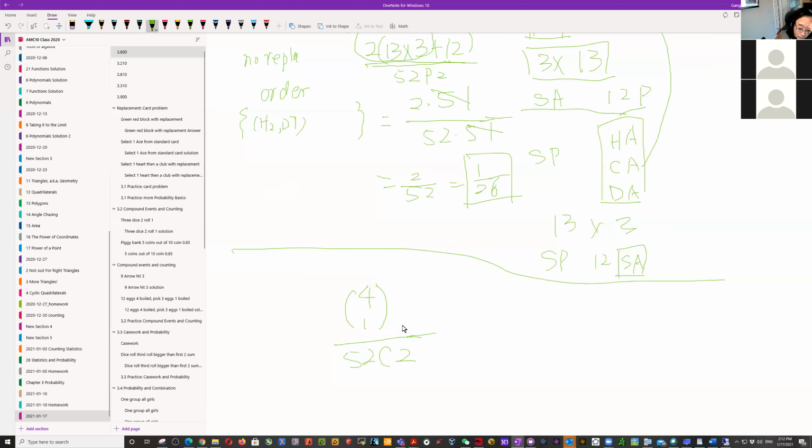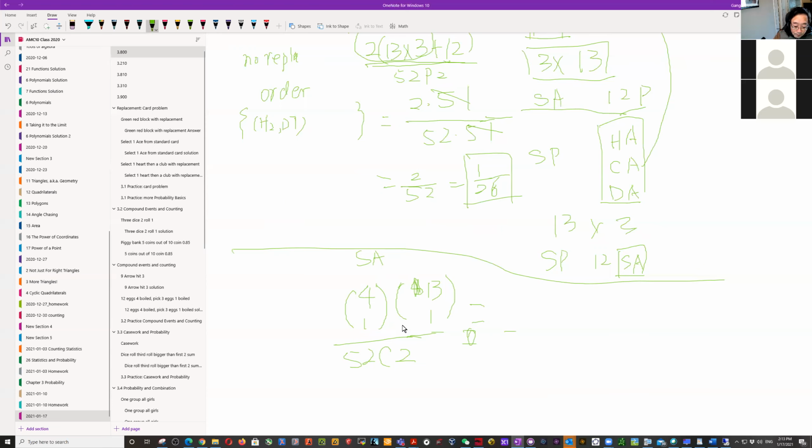Then we can also multiply 13 choose 1. And we also need to minus one of those, because spade A is one of those that would be included in both.